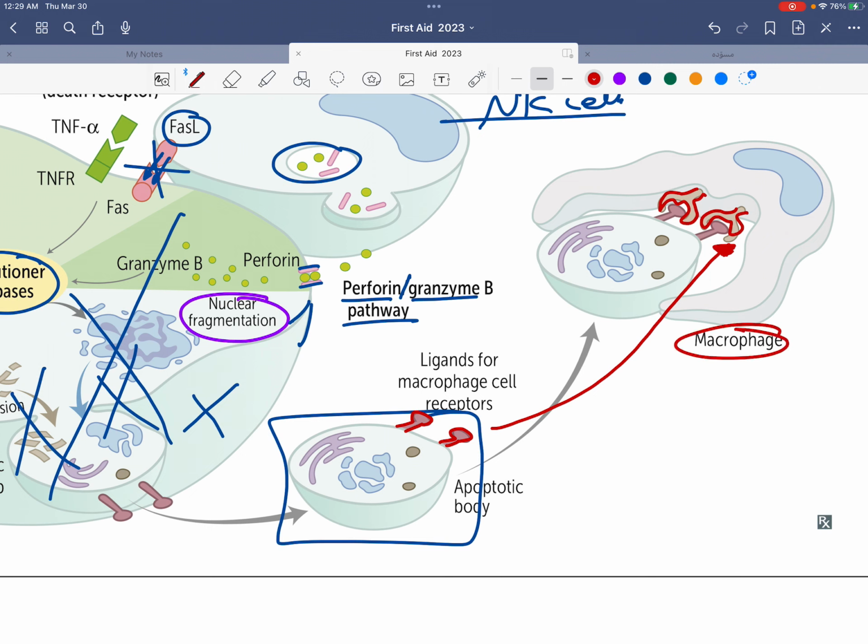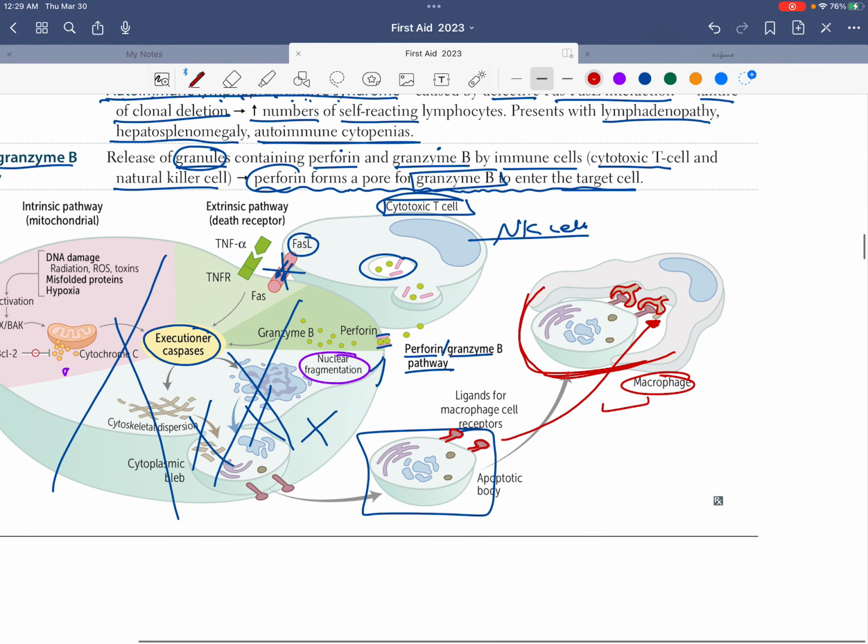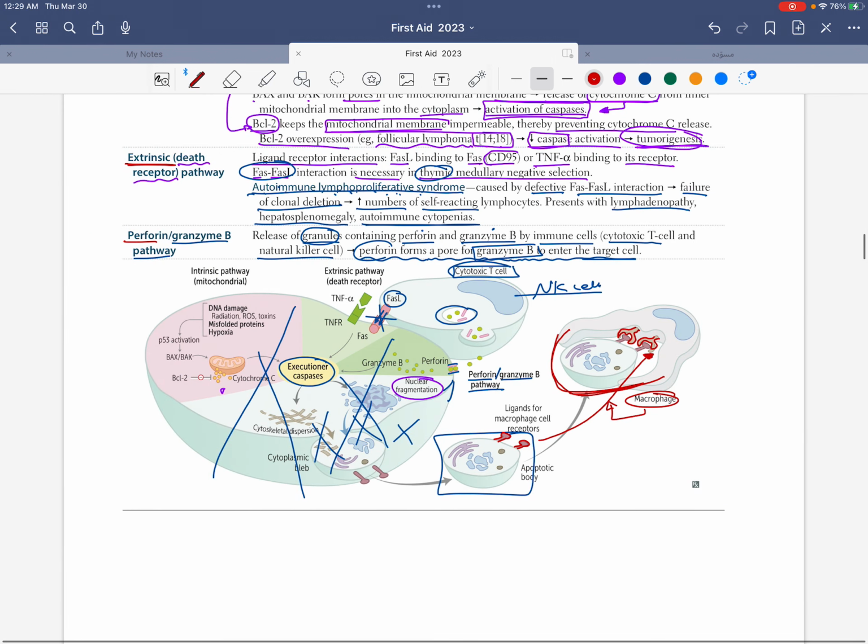So this is a macrophage, which means the macrophage is now able to surround this cell and eat it. That's why we don't have debris and we don't have a lot of inflammation, because it is programmed. The macrophages eventually eat up all of the mess that has occurred in the apoptosis.